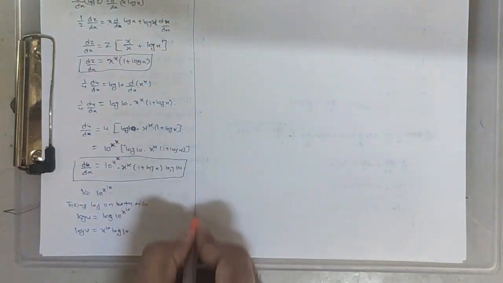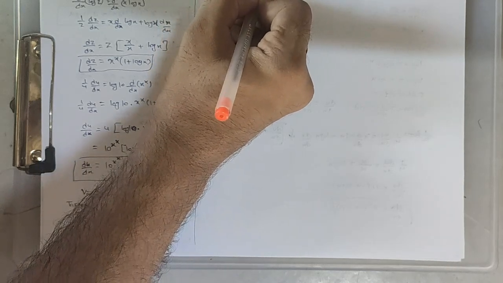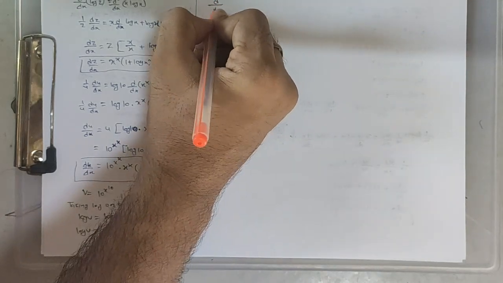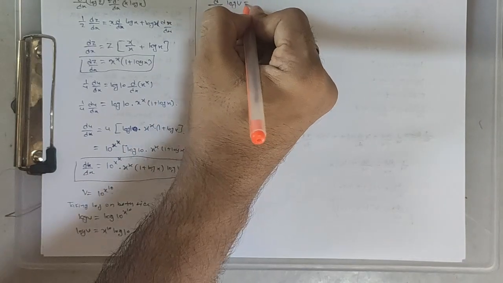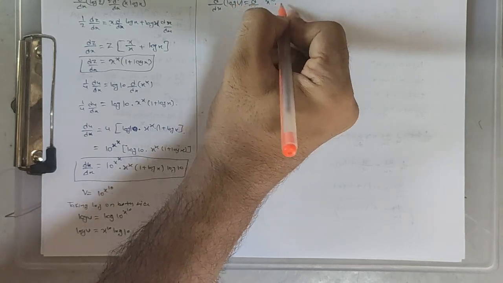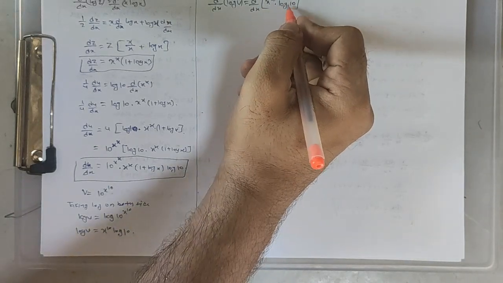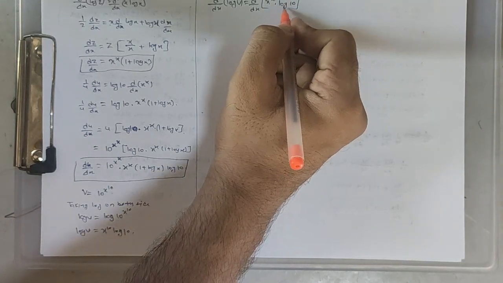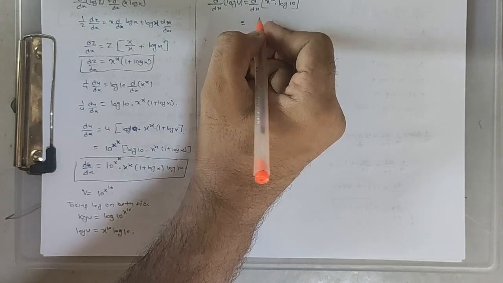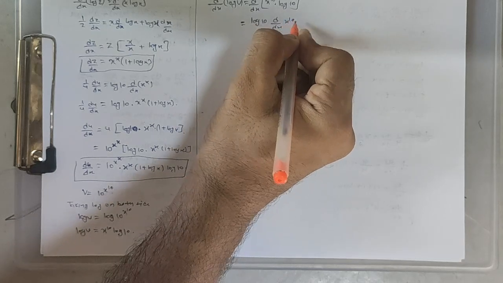So differentiating with respect to x, differentiation of log v with respect to x will be differentiation of x raised to 10 into log 10. Now x raised to 10 is the variable part and log 10 is the constant part, because there is no x in the term inside the log. So this will be considered as a constant. So we will take log 10 outside and differentiate x raised to 10.